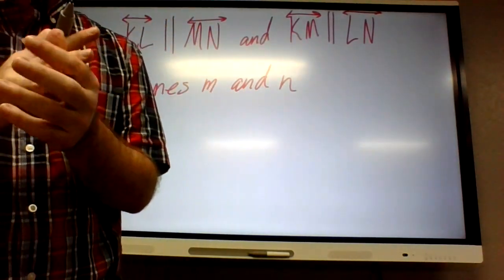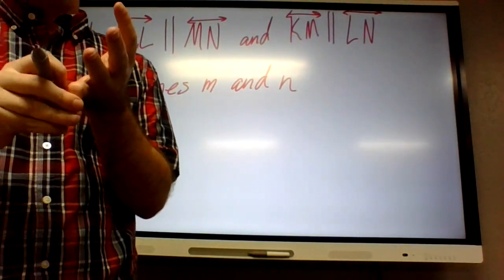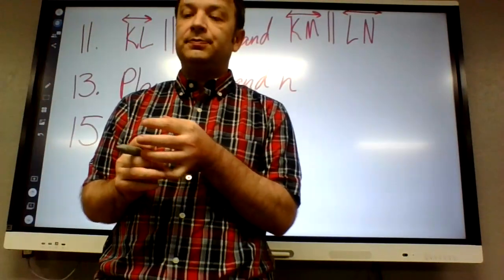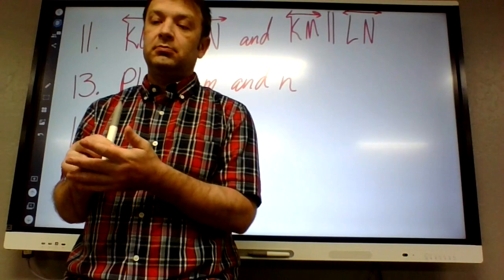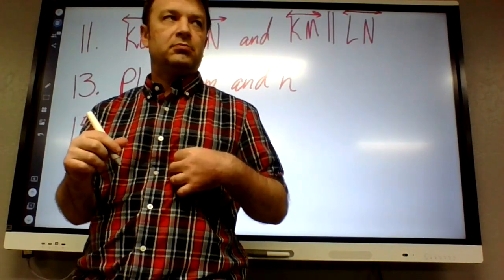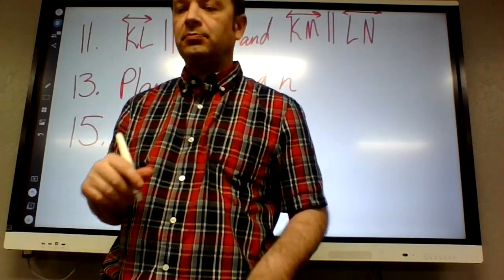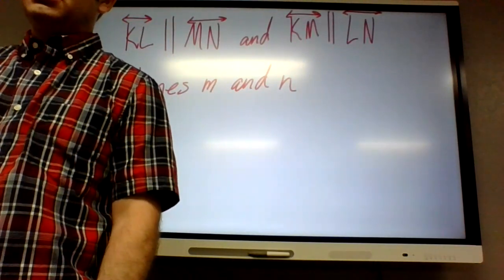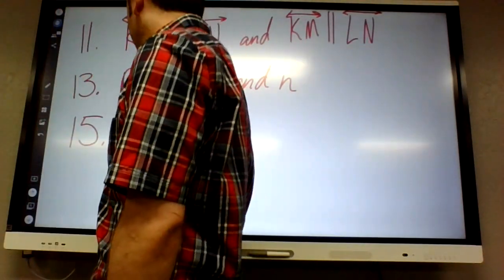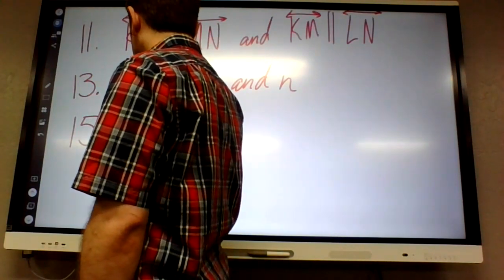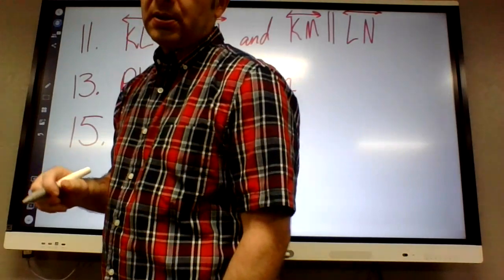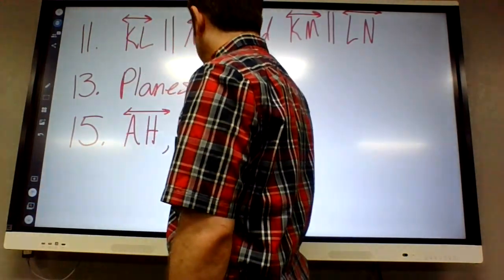So 15, what are three lines that intersect at point H that they drew? AHC, that's not a line. AH, line AH, that's one of them. EH. And EH. Line EH. CH and EH. Yeah.